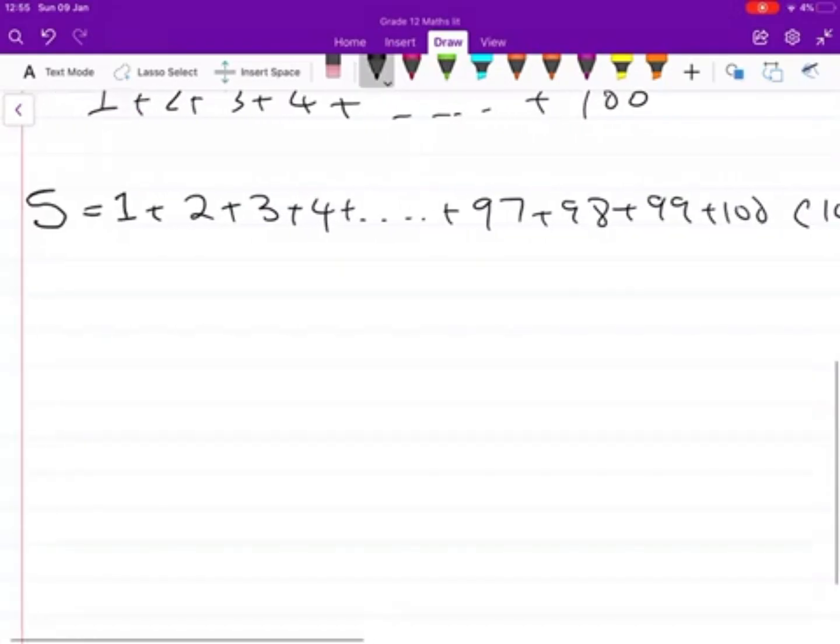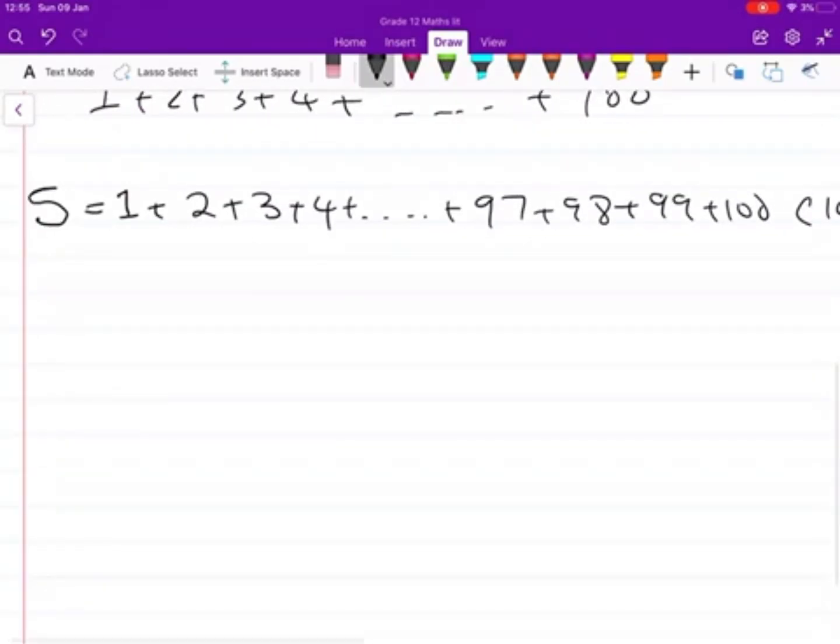All right, 100 terms. And he said, okay, what will happen if I wrote this sum in reverse? Nothing changes, because here we are talking about a commutative property. So nothing changes. A plus B is the same as B plus A. It will give us the same answer.